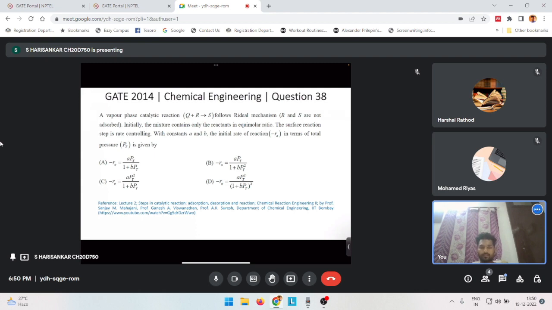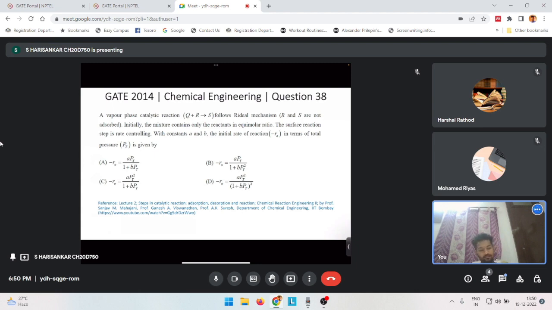This is a question from the catalysis part in chemical reaction engineering, and the reference NPTEL lecture is lecture 2, steps in catalytic reaction, adsorption, desorption and reaction, chemical reaction engineering 2 by Professor Sanjay M. Mahajani, Professor Ganesh A. Viswanathan, Professor A. K. Suresh from the Department of Chemical Engineering, IIT Bombay.